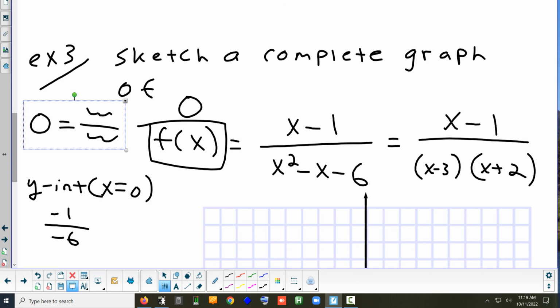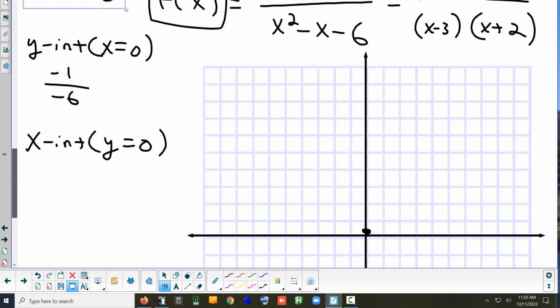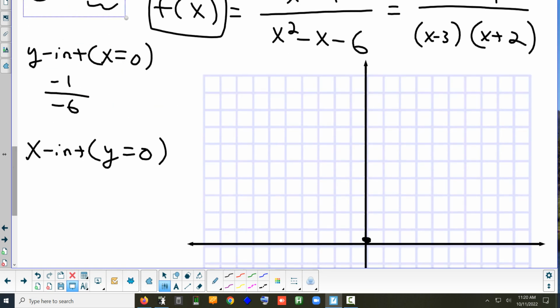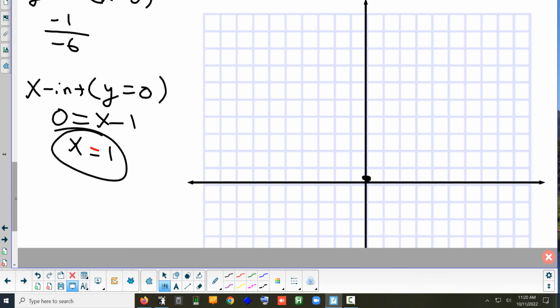If the denominator is 0, it would be undefined. If the numerator is 0. So all we have to do to set this equal to 0, which basically means we just changed y to 0, is figure out what would make the top 0. And that's my other intercept. So take the top, set it equal to 0, and you get an x-intercept of 1.